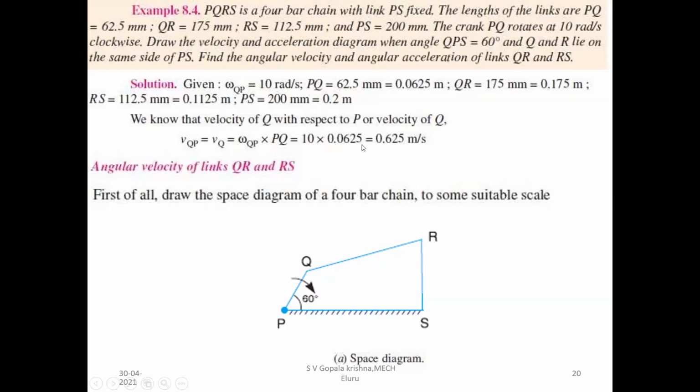From the relation, we find the velocity of QP.